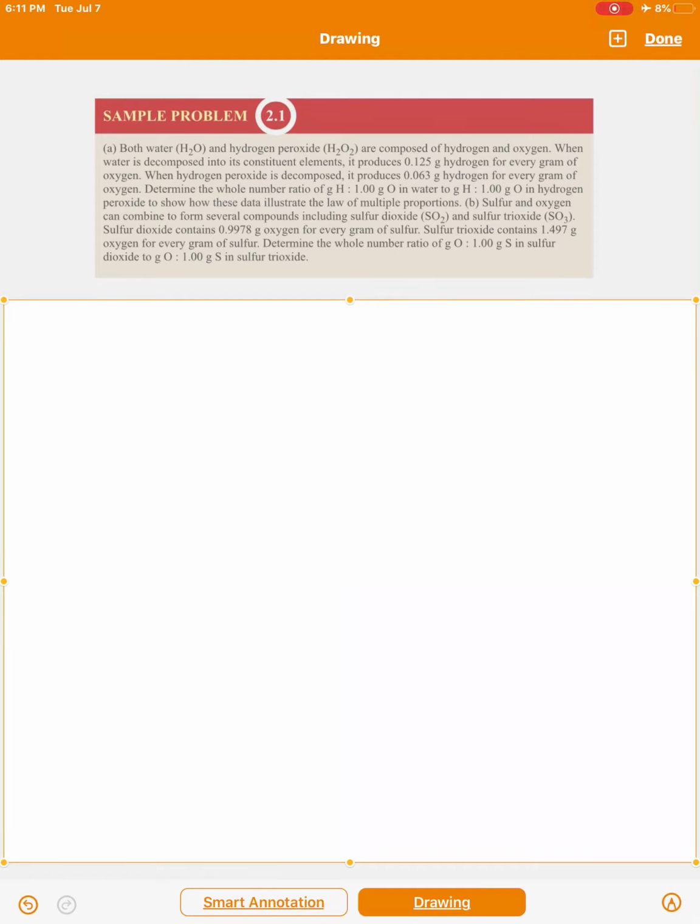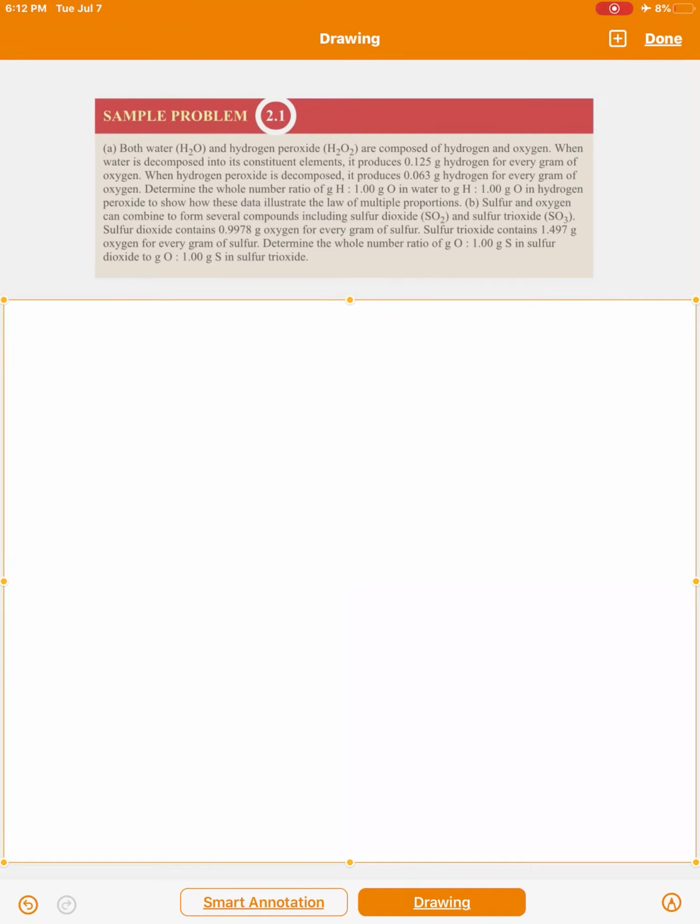Determine the whole number ratio of grams of hydrogen per 1.00 grams of oxygen in water to grams of hydrogen per 1.00 grams in hydrogen peroxide to show how these data illustrate the law of multiple proportions.